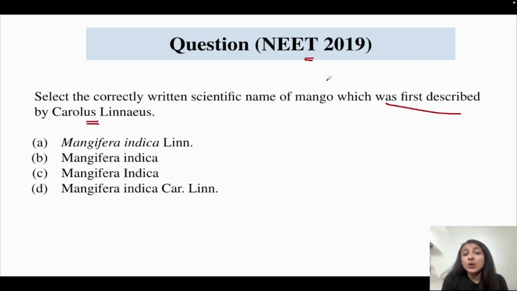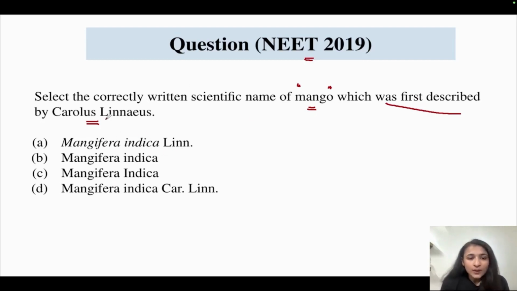We write the author's name at the end because that suggests that that particular organism, in this case mango, was first described by this scientist. That tells us that the organism was first described or identified by this individual. So for mango, we have just studied.